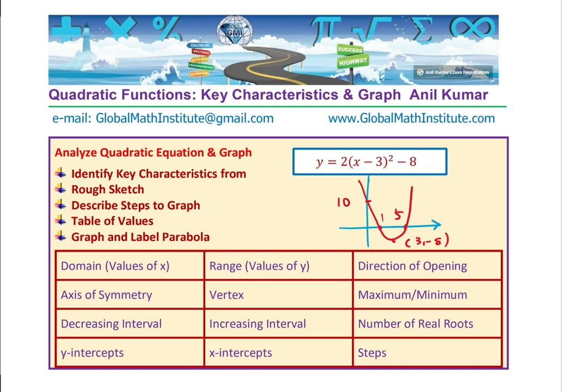So we found the domain is always all real numbers, range is greater than or equal to minus 8, direction of opening is up, axis of symmetry is at x equals 3, the vertex is (3, -8), we found this is the minimum value as it opens up, decreasing up to 3, increasing after 3, number of real roots is 2. X and Y intercepts: y-intercept at 10, x-intercepts two of them, one at 5 and one at 1, and the steps are twice 1, 3, 5, 7.